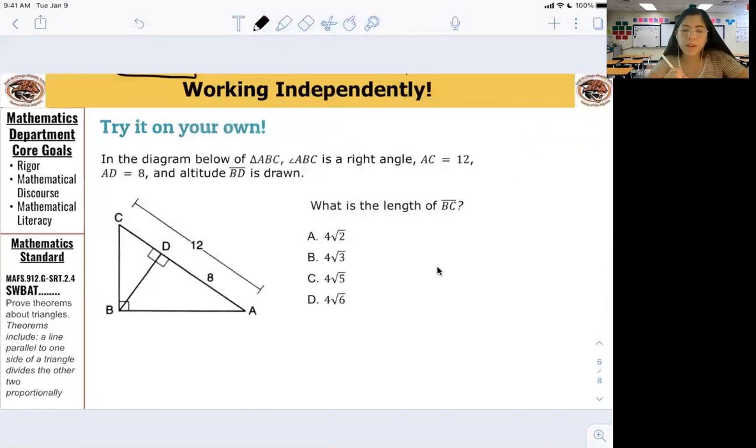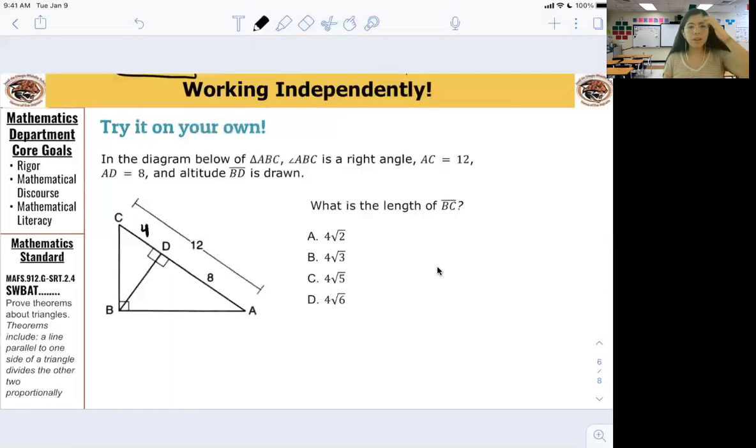I know DA is 8, CA is 12, so what do I know? Good, Jalen. CD is 4. Can kind of fill that in.